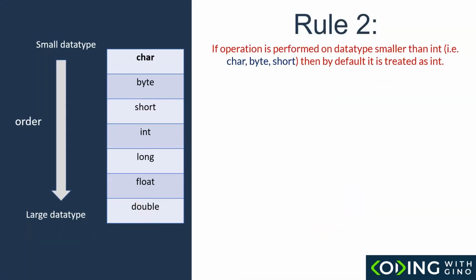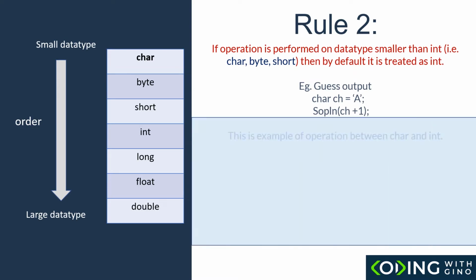Let's test your understanding on this. What happens here? Look at SOPLN line. CH is char, and we know 1 is an integer, meaning int. This is an example of an operation between char and int. As per Rule 2, char will be treated as int. How? Using its ASCII code.